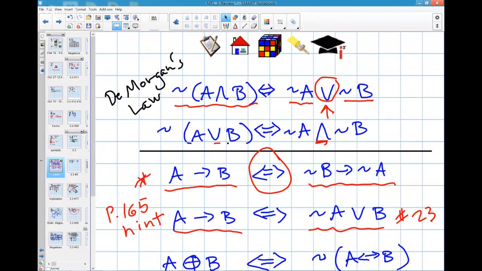So let me give you an example. Let's say we have the statement, it is humid and it is Thursday. What's the negation of that? It is not humid or it is not Thursday. Notice that and got changed to an or.